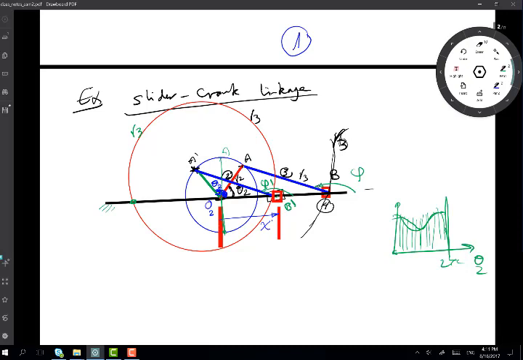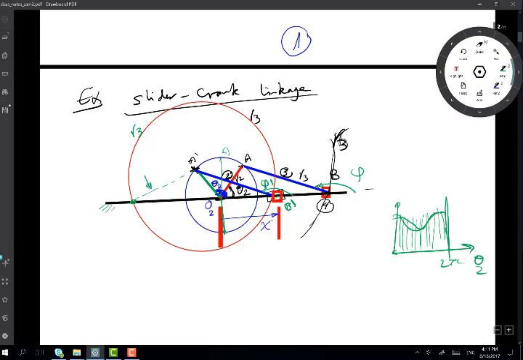So you can tell now this linkage can be assembled with the slider on the right hand side or the left hand side of the crank, right? So the slider con rod can be here as well. This is assembly number 2, if you like. On the right hand side I have assembly number 1, and on the left hand side I have assembly number 2.